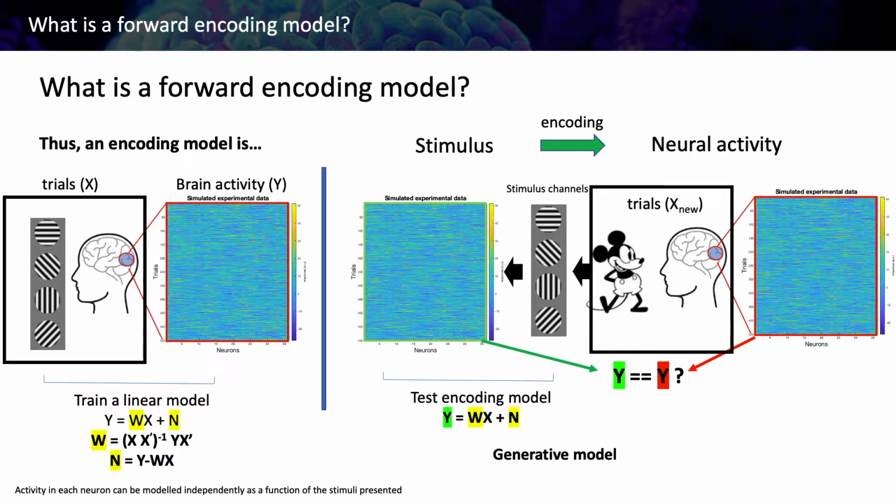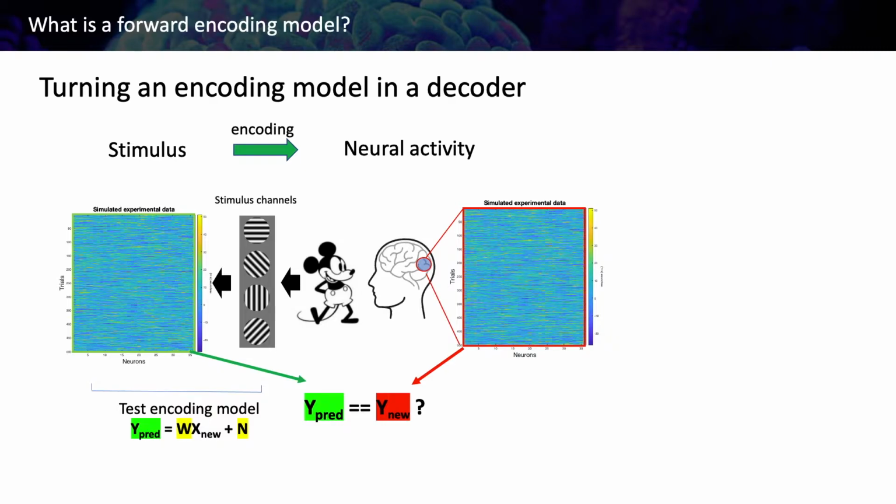Okay, don't worry, because using the neural encoding models, you can invert your model, because once you have learned how to map from stimulus to neural activity, you can invert your model and use it, for example, like a decoding model.